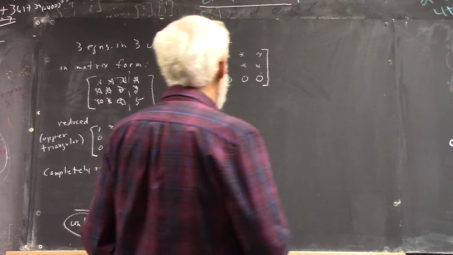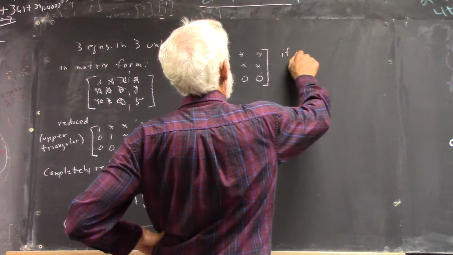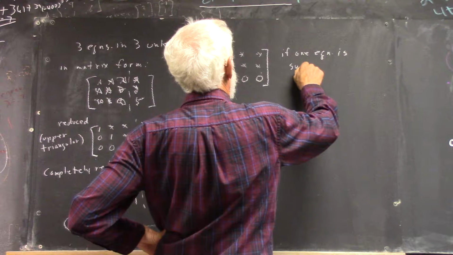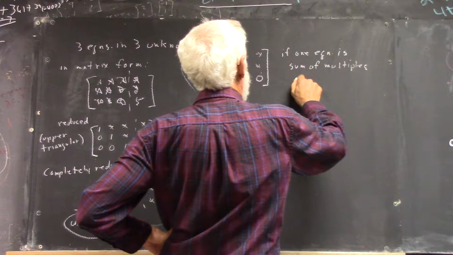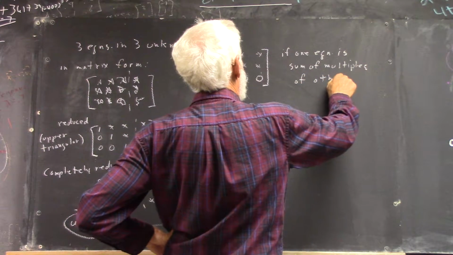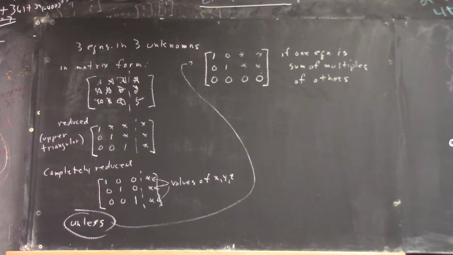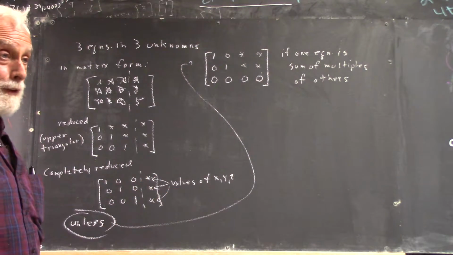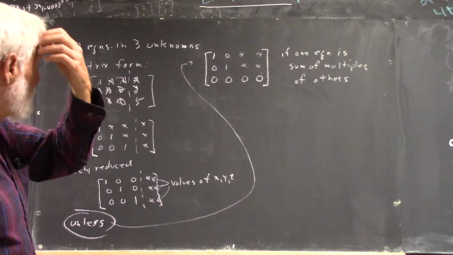Okay? We call that a linear combination of the others. A linear combination is just some multiple of this, plus some multiple of this, plus some multiple of this. However many things you're combining, you just add multiples of them. And that's what we do with vectors, and that's basic linear algebra, as you see. Okay?